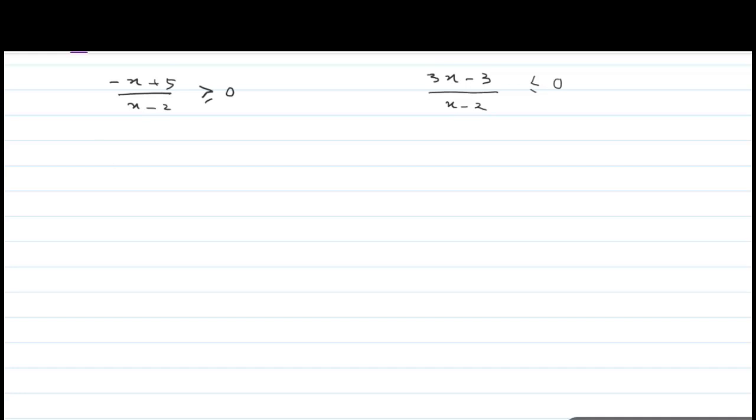So here, for the first one, find all the zeros in the numerator and in the denominator. So the zeros are 2 and 5. List down all the expressions in the numerator and also in the denominator.